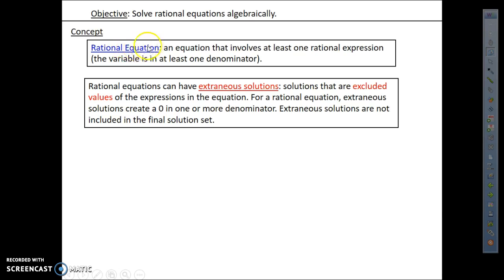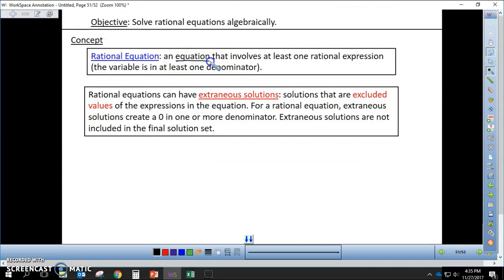I want to remind you that a rational equation is an equation that involves at least one rational expression, meaning we have a variable in at least one denominator. Rational equations can have extraneous solutions.